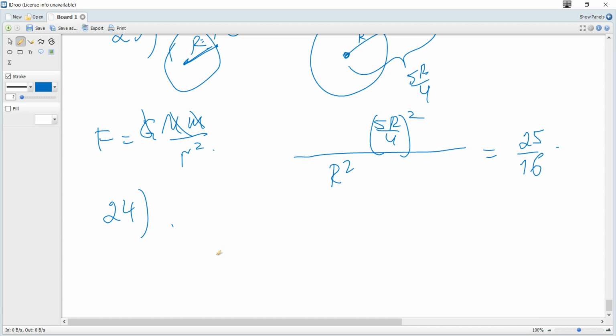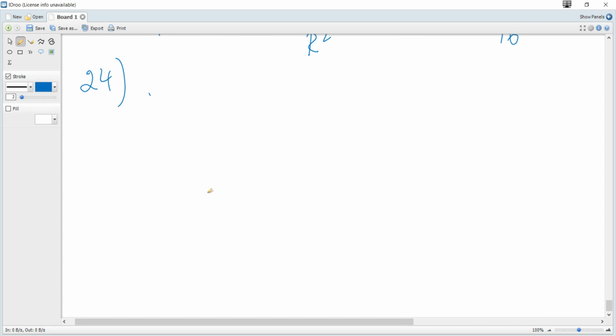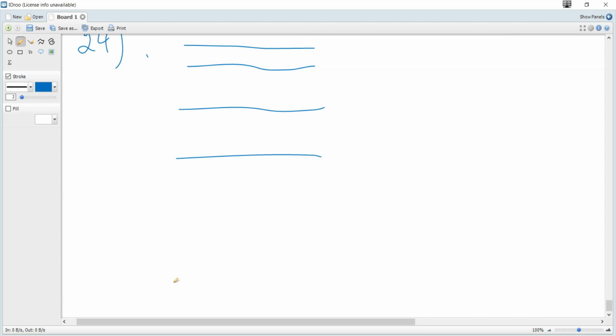24. The energy levels E of an atom are shown. Like this, larger, larger, and a very large difference.